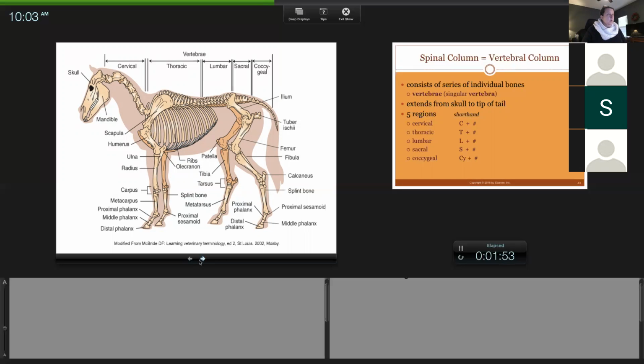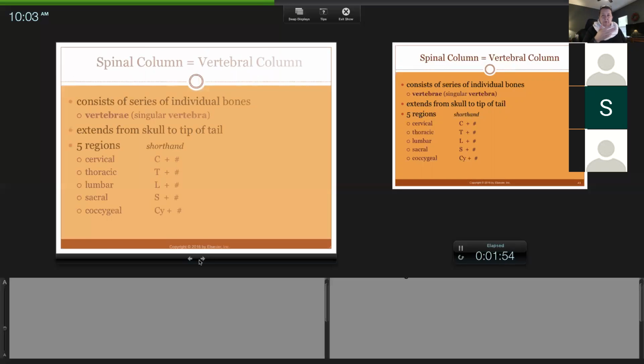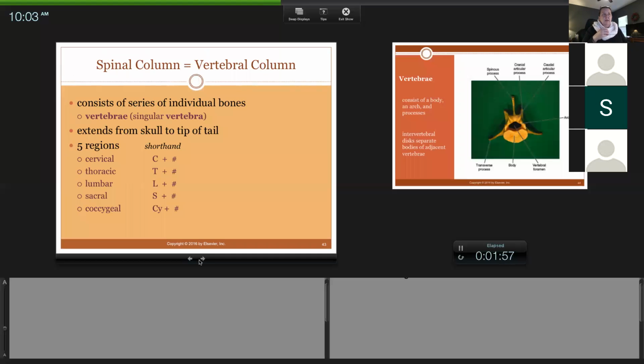When we talk about the vertebral column, they are given abbreviations or shorthand. Cervical is the letter C, and we're going to talk about C and then a number of how many they have. Then T stands for thoracic, L for lumbar, S for sacral, CY is coccygeal.